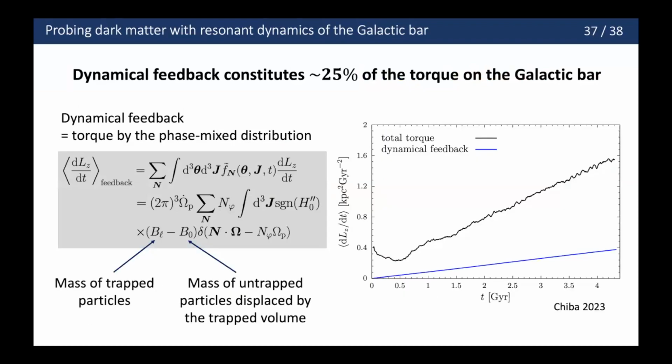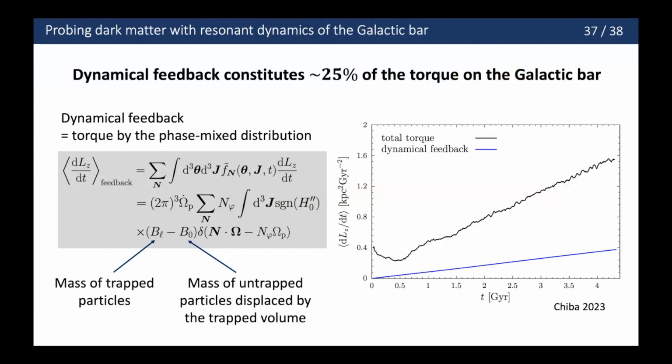Okay, so finally, I formulated the dynamical feedback. I won't go into detail, but the basic idea is that dynamical feedback is caused purely by the movement of the resonance. So if there's any torque that arises from the mixing inside the resonance or outside, that is not feedback, that is friction, right? So to quantify dynamical feedback, I have to calculate a torque from the phase mixed distribution.